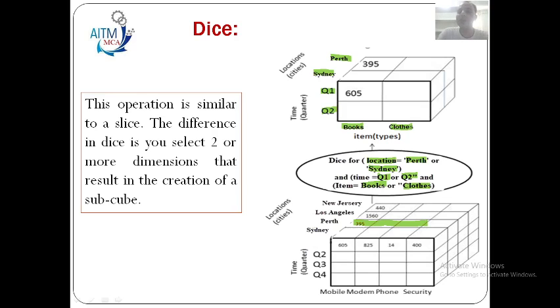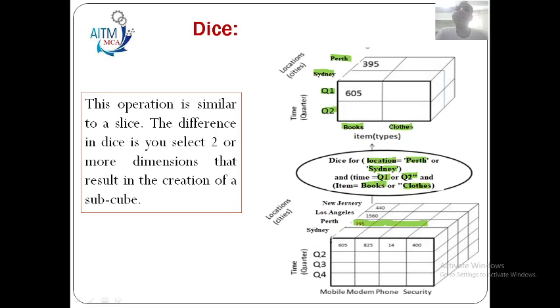Got it? So based on the information, whichever things you need, based on that you can make a dice out of it, and you can see it, and you can perform various operations on this. You can perform slice operation, roll up, drill down, or you can perform pivot operation on this also.